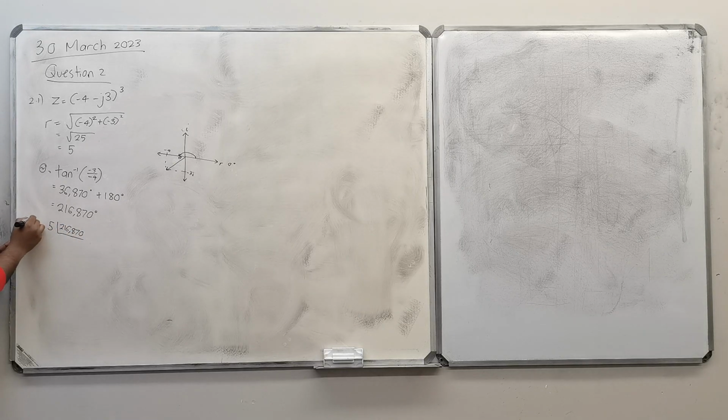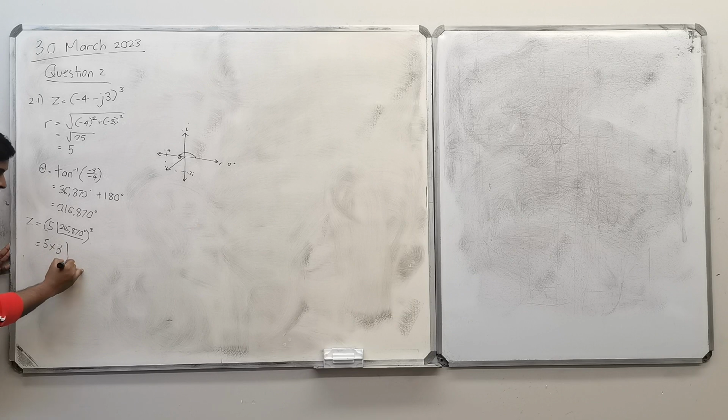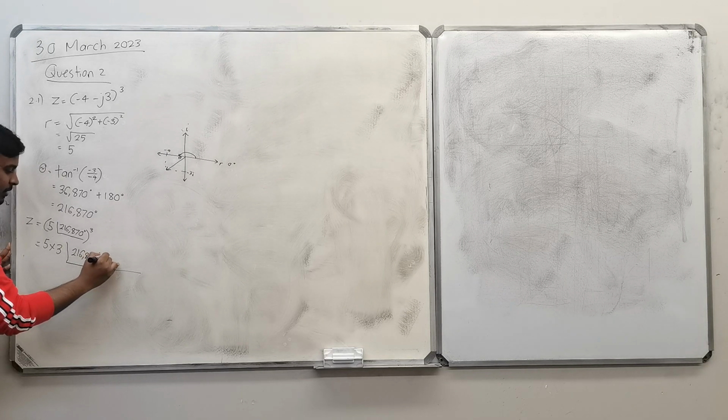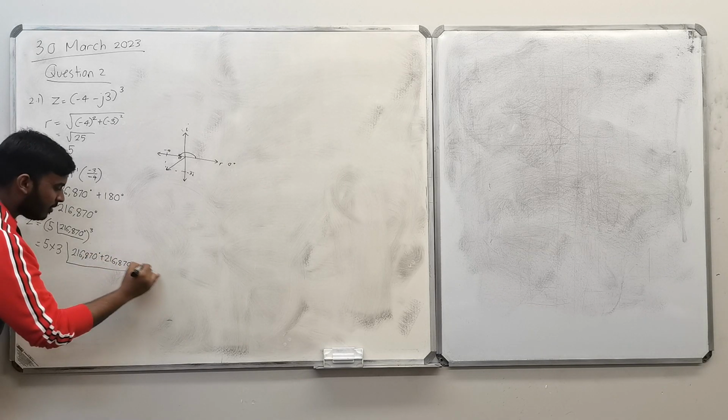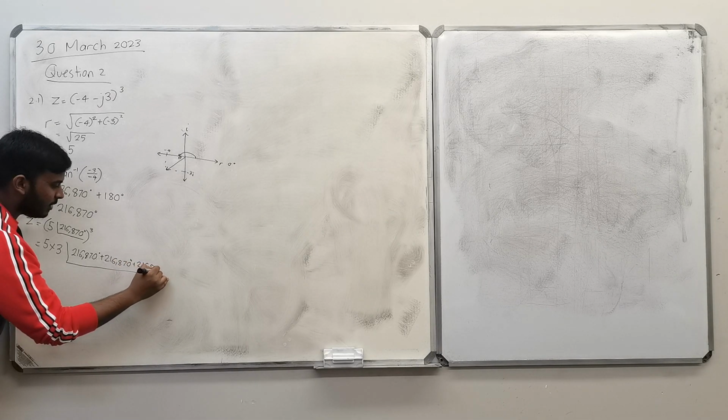So in the polar form, this here is 5 and 216.870. So now Z is equal to this here cubed, right? Remember, the angle is 216.870 plus 216.870 plus 216.870.